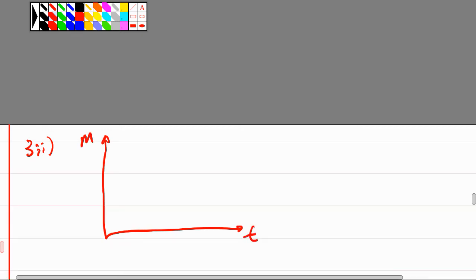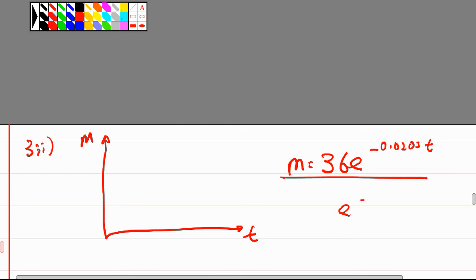Question 3 part 2. Sketch the graph M against T. The equation is M equals 36e to the negative 0.0203T. First, this is what curve? Can you tell me y equals e to the minus kx?